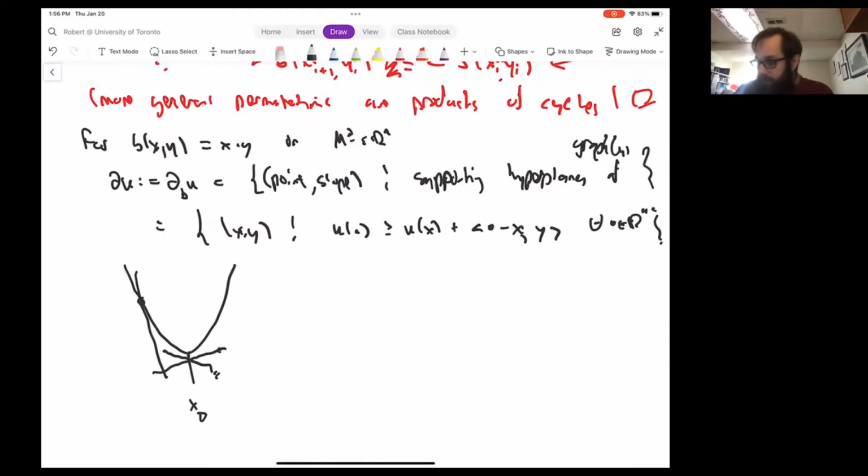And so when we want to show second differentiability, when we want to show U has a second order Taylor expansion at some point x naught, it's like showing that the gradient of U has a first order Taylor expansion, which is like showing that this set here has a well-defined tangent plane.